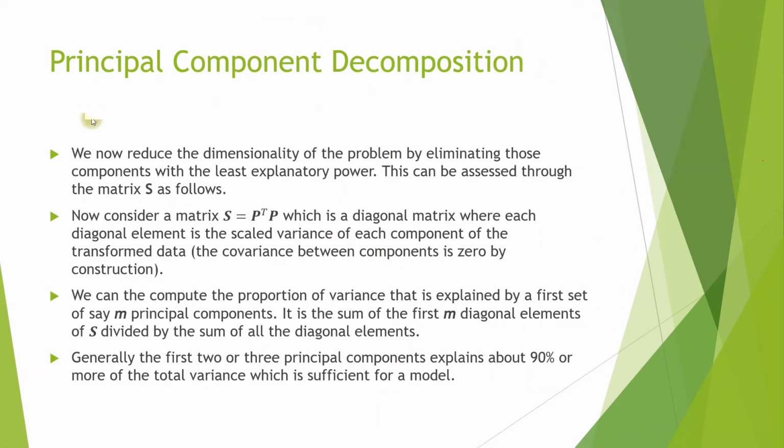And the next step is what? To find out which of these different components have the least explanatory power. Because I just said to you that you have your matrix W, you have the eigenvectors and so on. You have obtained your P, which represents the principal components.